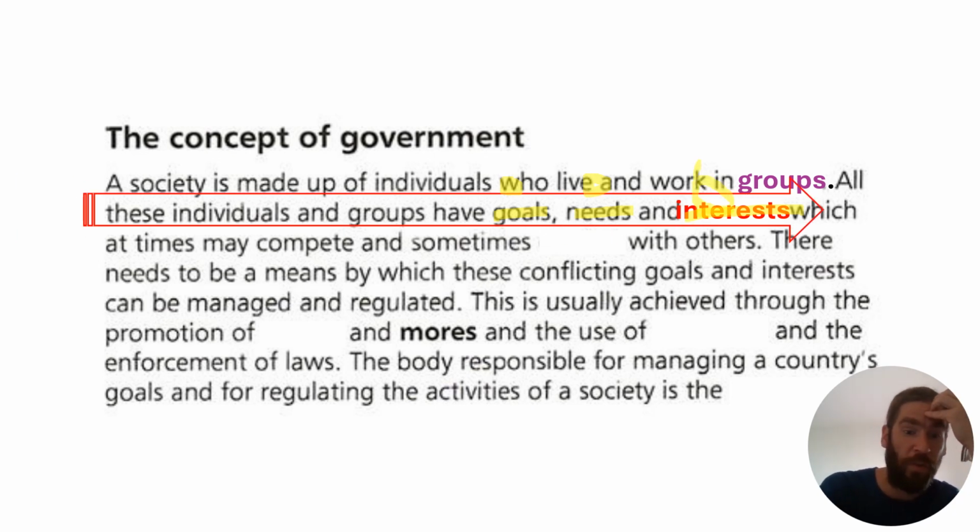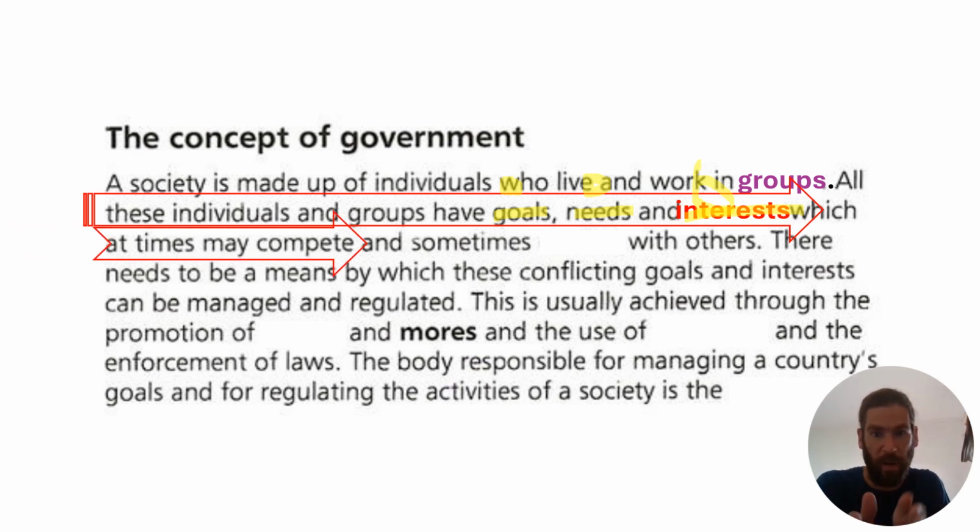So we've seen these societies, these individuals and groups have goals, needs, and interests. They may sometimes compete, sometimes they're like, which one is the most important? Is it health? Is it the economy? Is it tourism? Is it infrastructure? Is it education? Or is it entertainment? And sometimes conflict with each other.